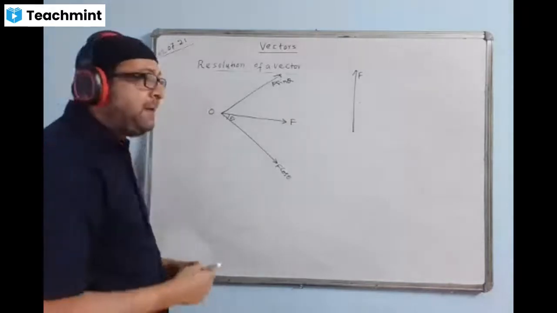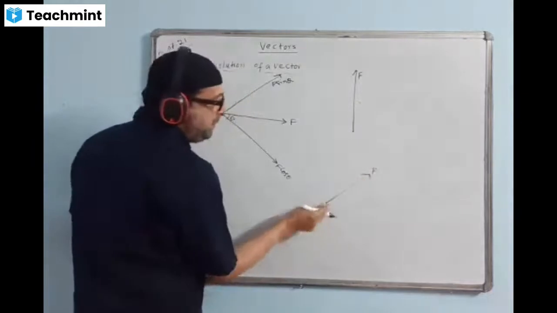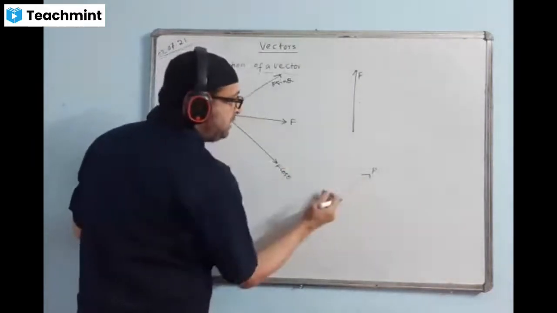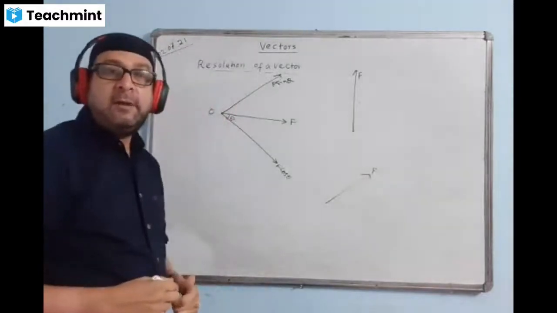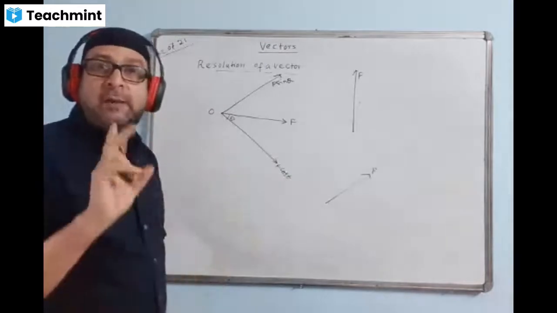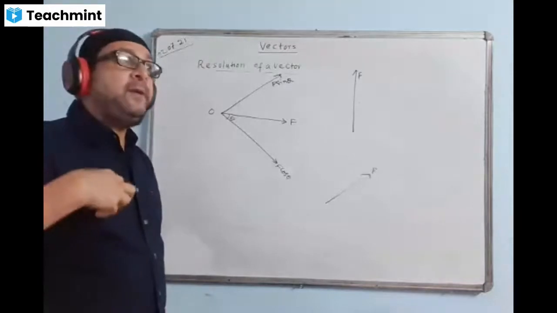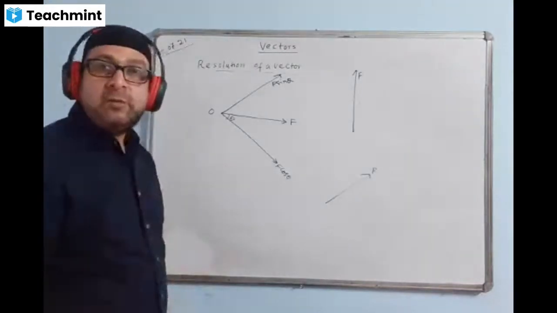If the vector is making some angle, we can break one component along the horizontal x-axis and one along the vertical. But if it is exactly horizontal or exactly vertical, normally we do not break. In some situations, we may be forced to break, and then we can still break into two components.